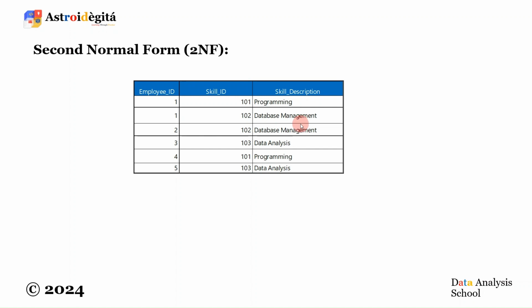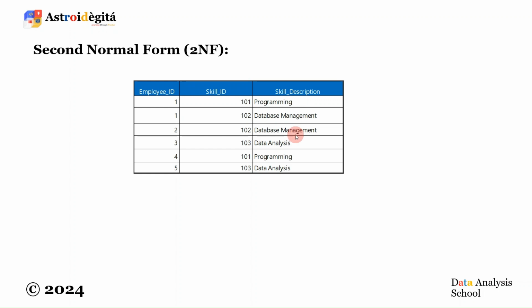In other words, if you know the value of the other columns, you can uniquely determine the value of the dependent column.